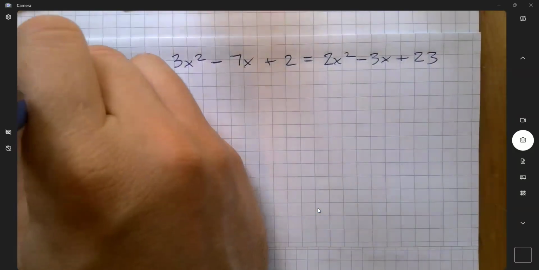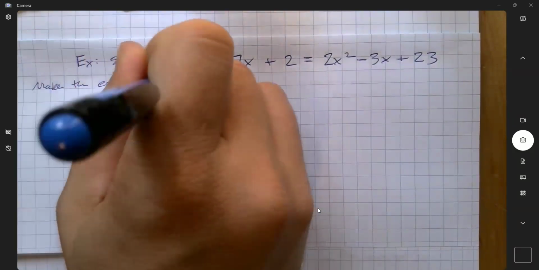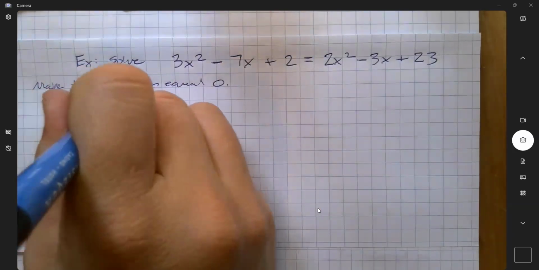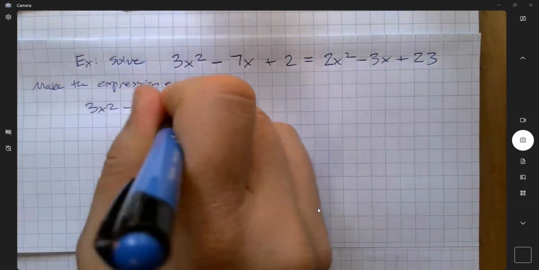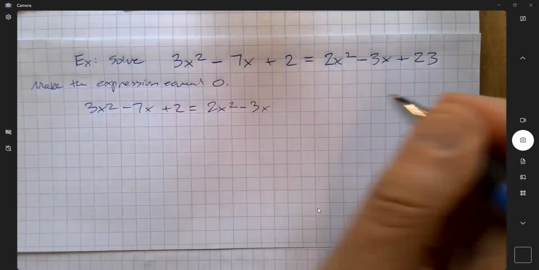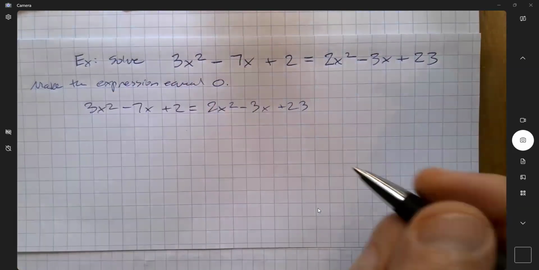So we're going to make the expression equal 0 by taking the 3x squared minus 7x plus 2, which equals 2x squared minus 3x plus 23, and we're just going to start getting everything over to this side.